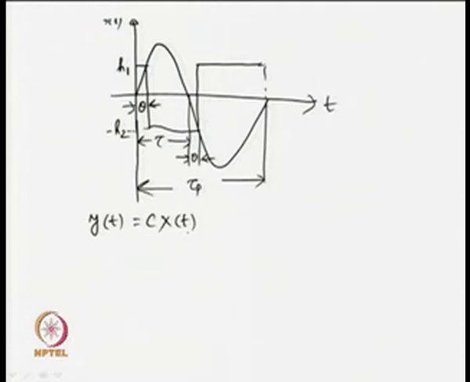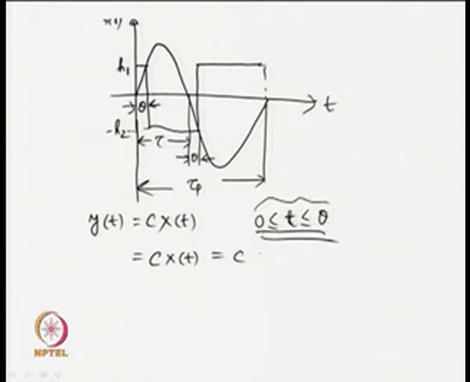Now, when the output is considered for the time range 0 ≤ t ≤ θ, the output for this time span can be found using the expression C x(t), where t ranges from 0 to θ. So, x(t) again can be obtained using the general expression, which is nothing but e^{A(t - t0)} x(t0).